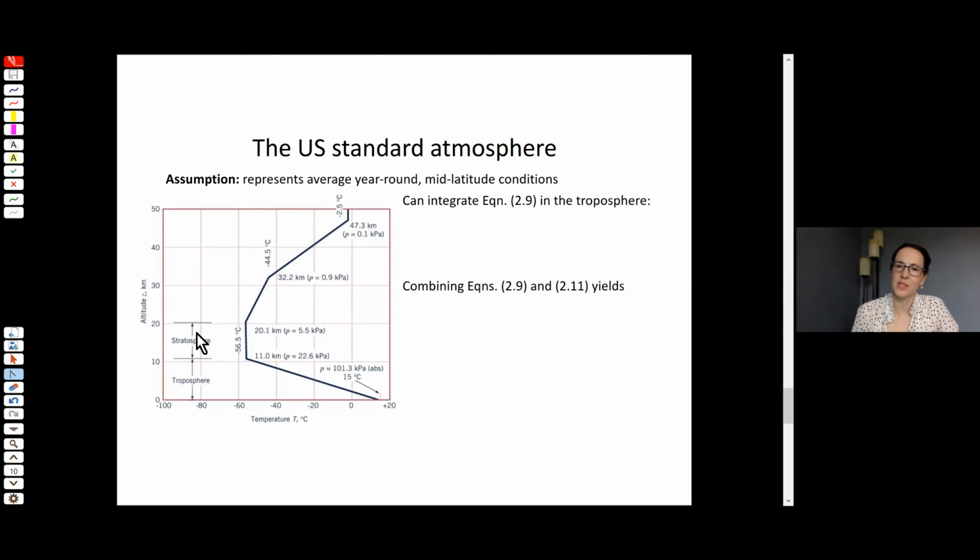In the US standard atmosphere, the temperature is basically a straight line in one layer of the atmosphere. So we can now take an expression for T. So here, for example, if we look at the troposphere, we can say that this is a straight line and it's equal to TA minus BZ, where TA is the absolute temperature at sea level.